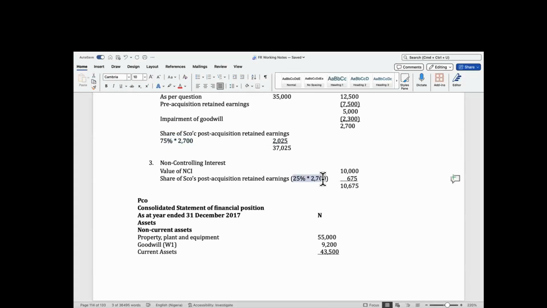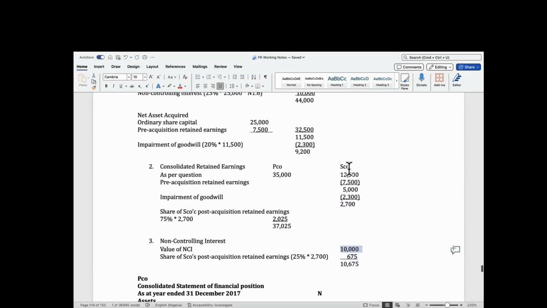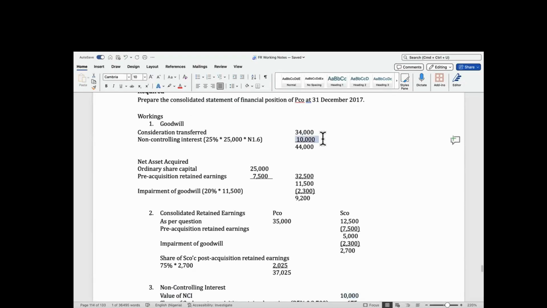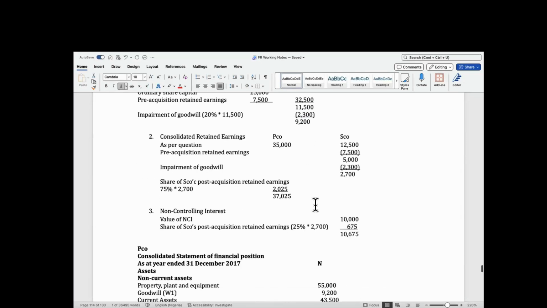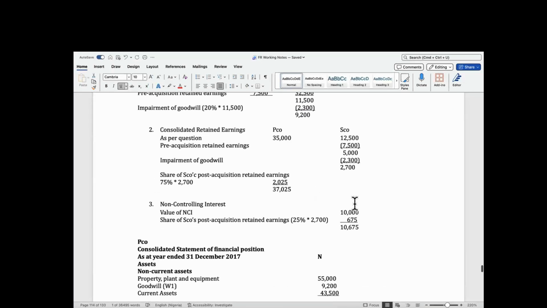NCI will get his own 25%. So that's what you will add to the value of NCI, which is 10,000, which I picked from here. It's 10,000 here. Yeah.